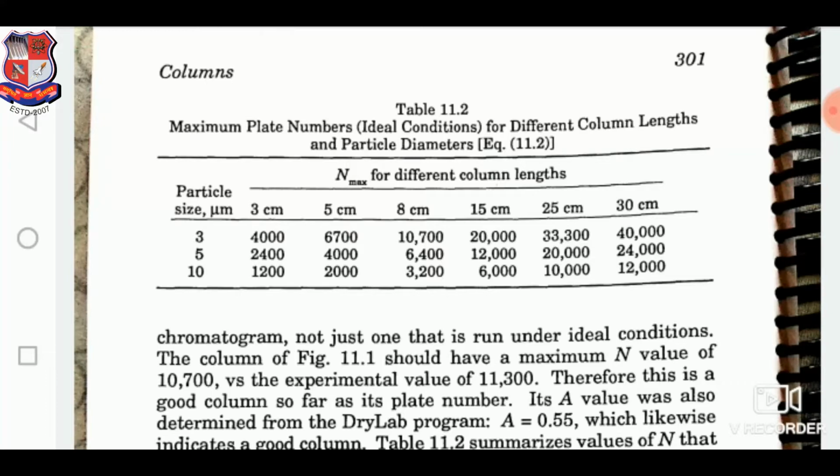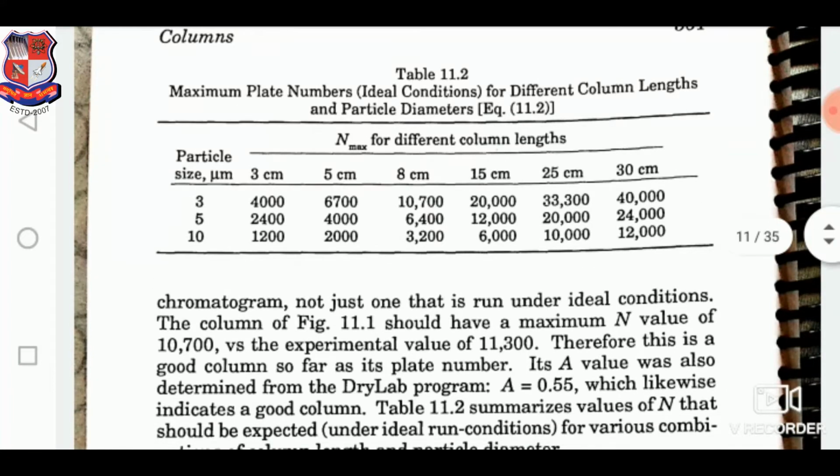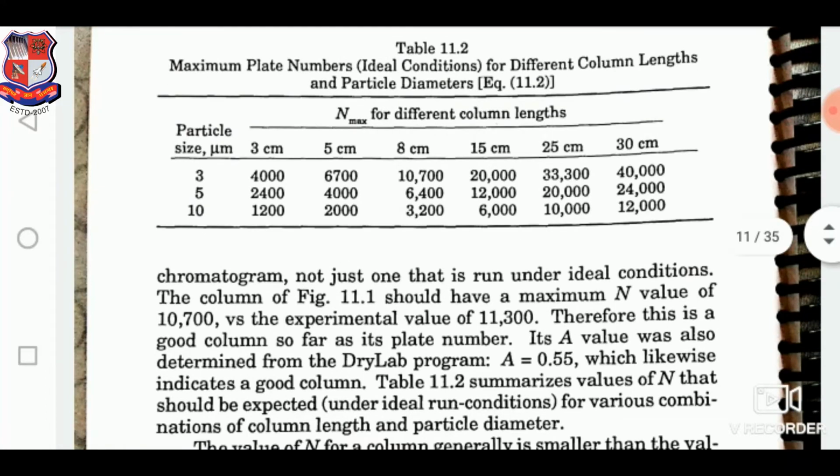The particle sizes mentioned are 3 micron, 5 micron, and 10 micron, and different column lengths are available: 5, 10, 15, 25, 30, and so on, with an N maximum for each. If the particle size is 3 micron and a 3 centimeter column is used, then the N maximum under ideal conditions is 4,000, and the peak should have this kind of performance.